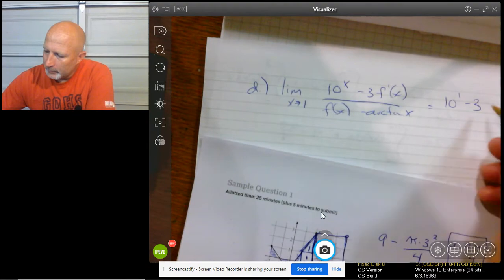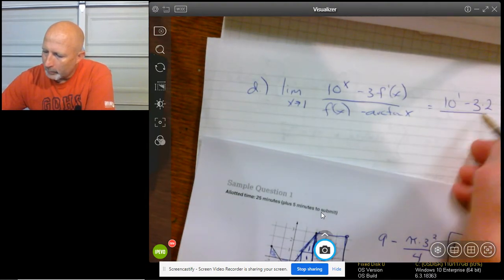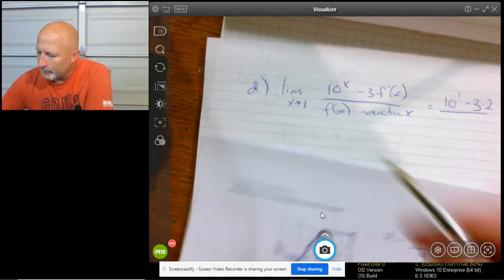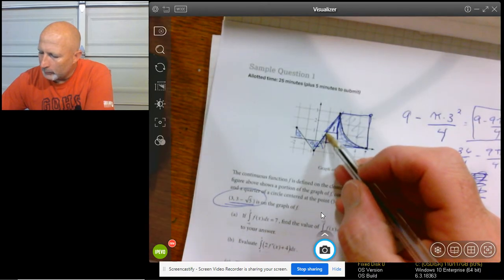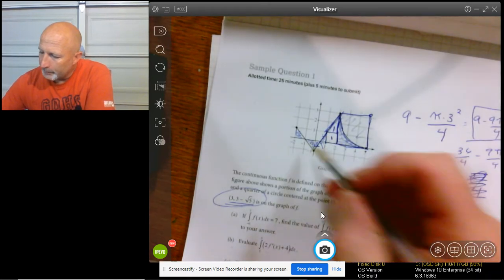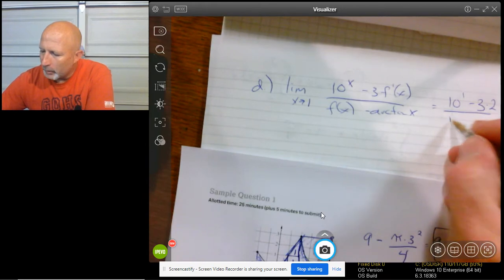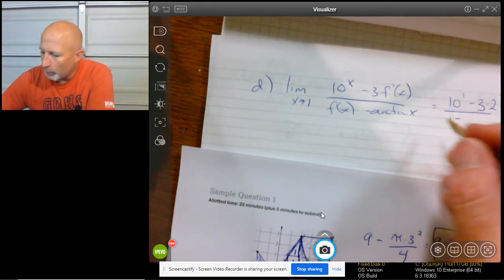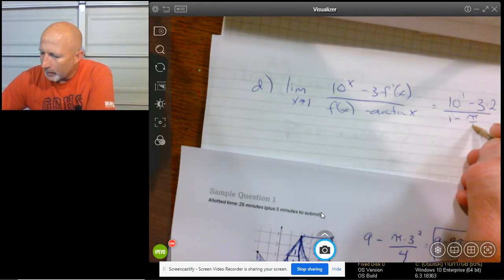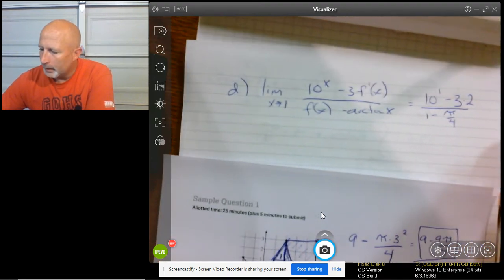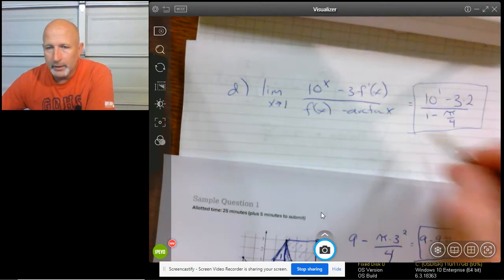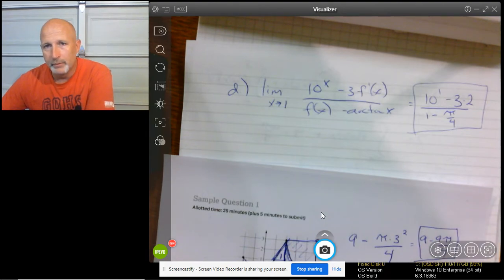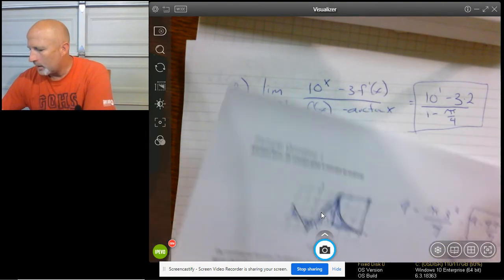So this would be times 2 all over f of 1. F of 1 is 1, right? And then minus arc tangent of 1. Where's arc tangent equal to 1 at? It's equal to 1 at pi all over 4. Okay? And this is your answer. You can just leave it as is. Okay? There's no reason to simplify it from there. Okay? E.